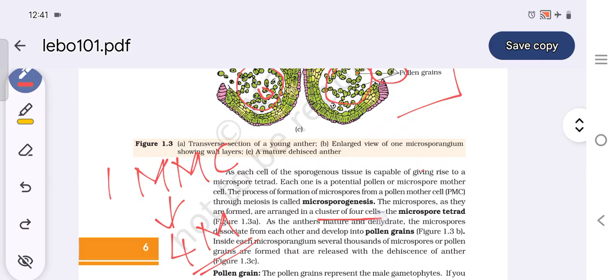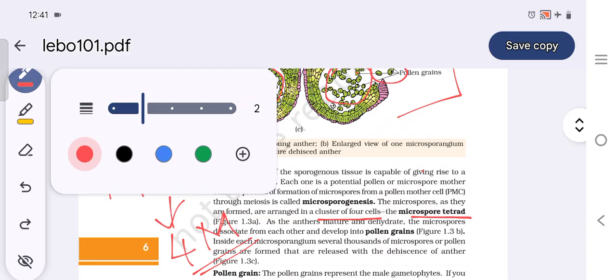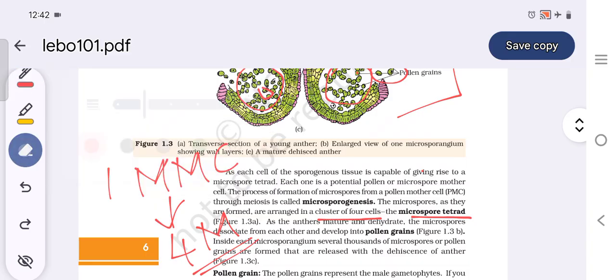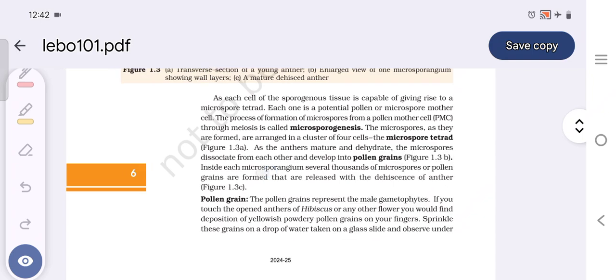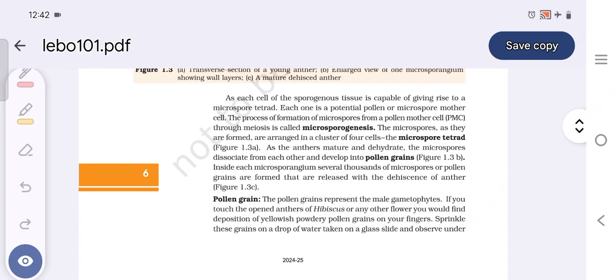So a cluster of 4 cells, in the form of a microspore tetrad. Very simple logic. Each cell divides meiotically to form 4 daughter cells, and these 4 daughter cells are called microspores. Which are the cells developing into microspores? They are microspore mother cells.